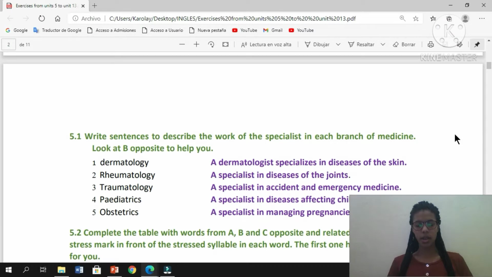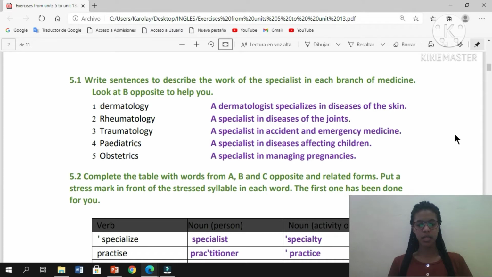Exercise, Unit 5. Write sentences to describe the work of the specialist in each branch of medicine. Look at B opposite to help you. Dermatology: a dermatologist specializes in diseases of the skin.